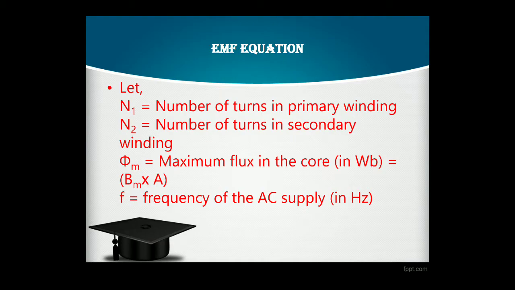If we multiply Bm with A, we get the maximum flux in the core, phi m. And f is the frequency of the AC supply in Hertz.